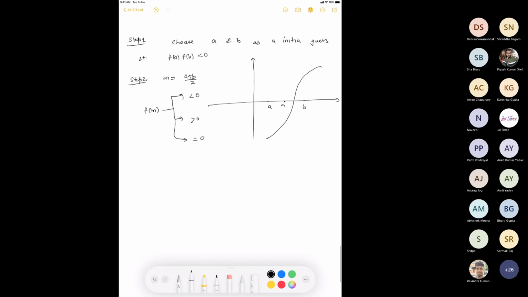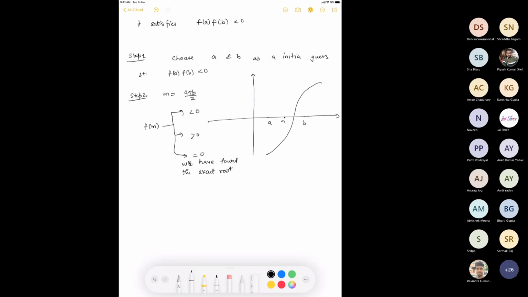So if f at m is equal to 0, then eventually we have got the root, right? In this case, if f at m is equal to 0, this means that we have found the exact root, right?